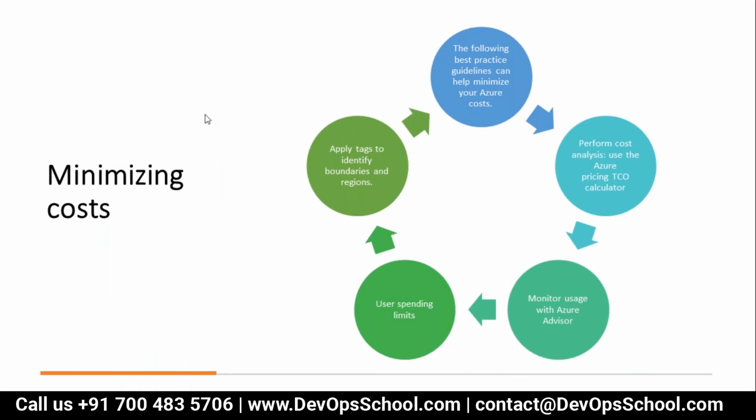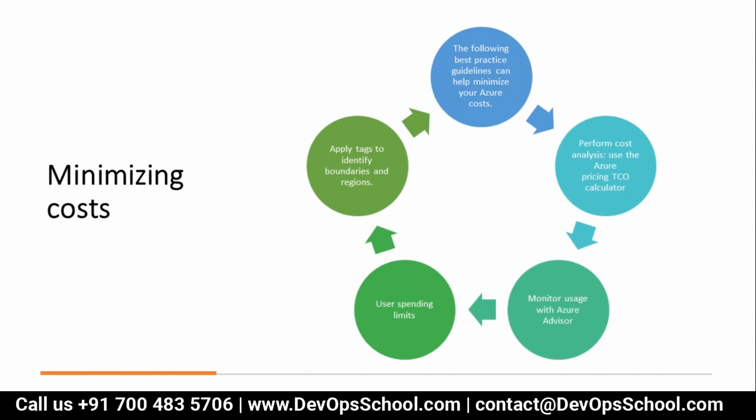So, minimizing cost. The following best practices can help minimize your Azure cost: perform cost analysis using the Azure pricing and TCO calculator, monitor usage with Azure Advisor, and use spending limits.